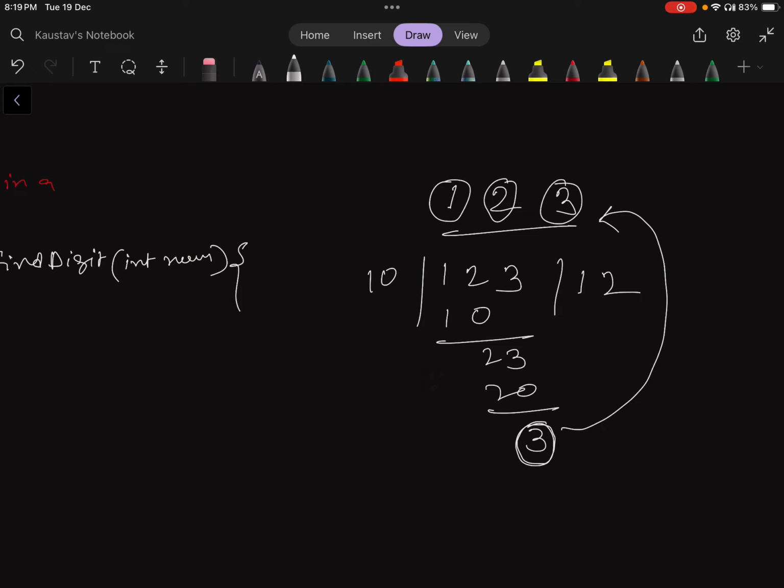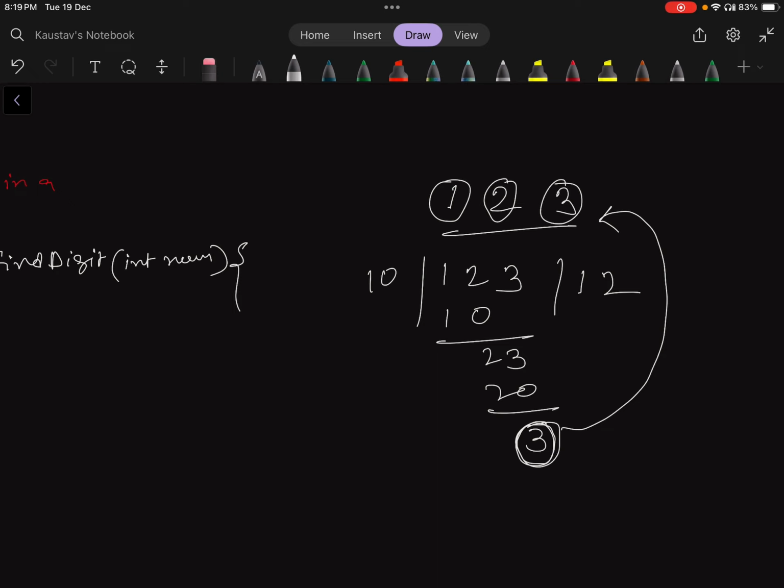If we divide any number by 10, the remainder will be the last digit. So we got the last digit. If we divide it by 10, 3 will be the last digit.